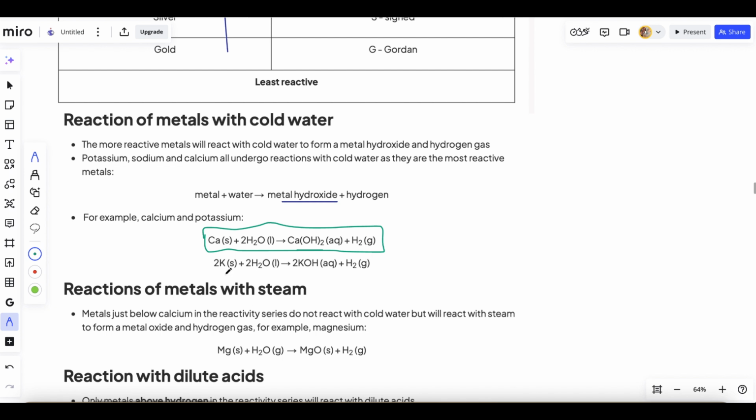Now another one, potassium reacts with cold water to form potassium hydroxide. This one you see, there is no 2 here. This 2 is only for balancing, but there's no 2 here. Why?